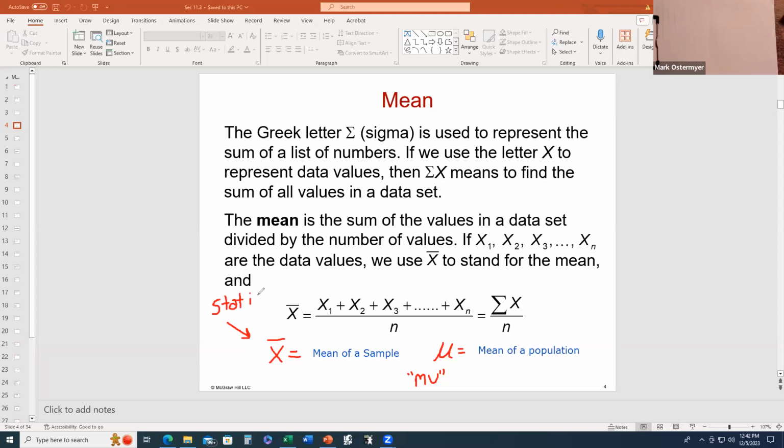So again, the definition of a statistic is any quantity that is computed from a sample. Contrary to that, any quantity computed from a population is called a parameter. So mu, the mean of a population, is called a parameter.